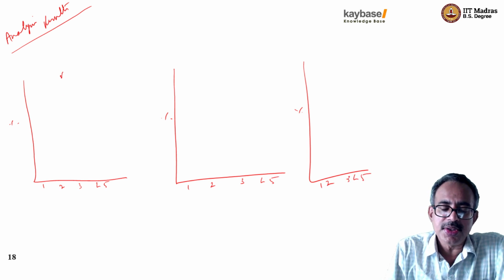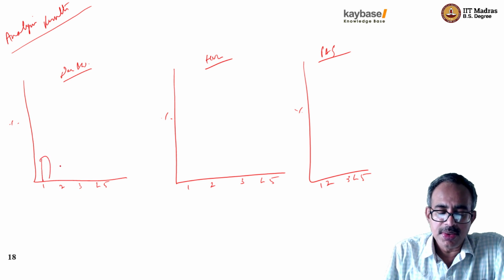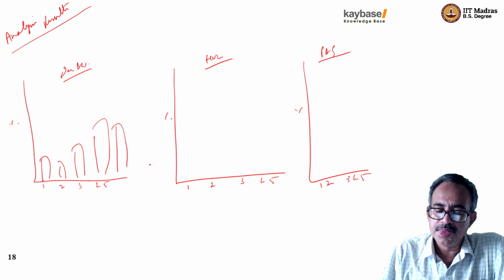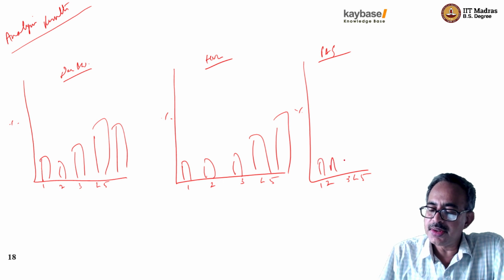So this is for Das and Co. This is for HUL. This is for P&G. So Das and Co is like this. HUL is like this. P&G is like this.